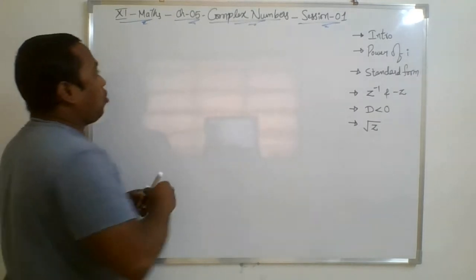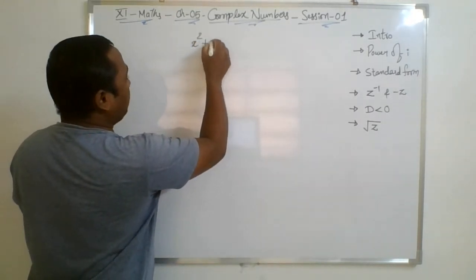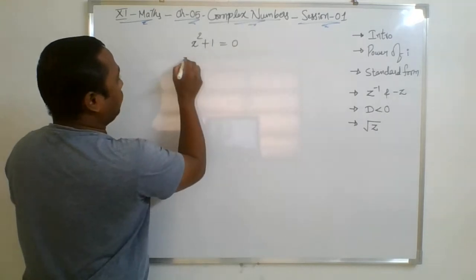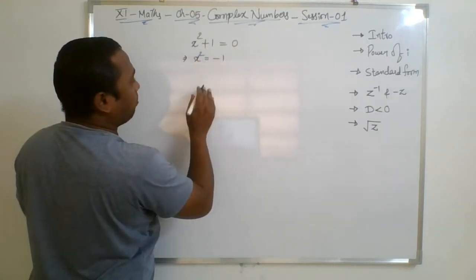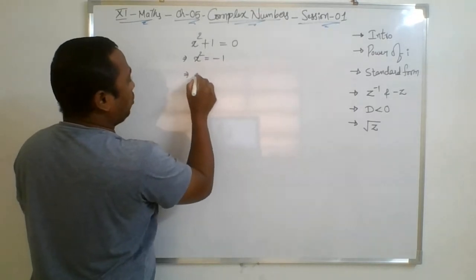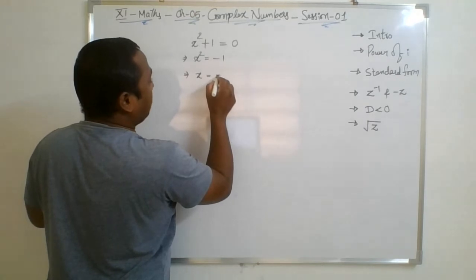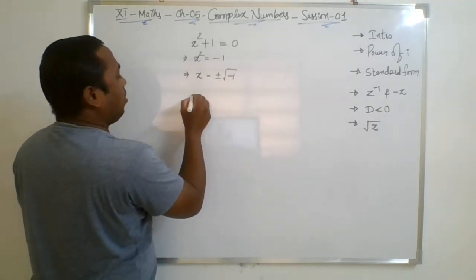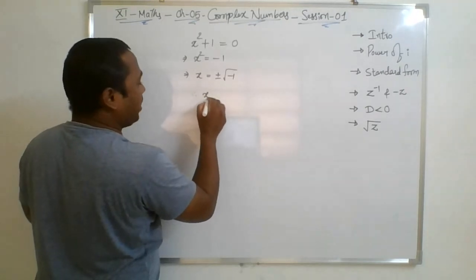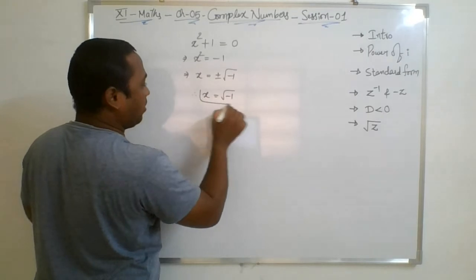So I'm taking a common example, the quadratic equation x square plus 1 equal to 0, which implies that x square is equal to minus 1, which also states x is equal to plus or minus under root of minus 1, or you may also state in general x is equal to under root of minus 1.